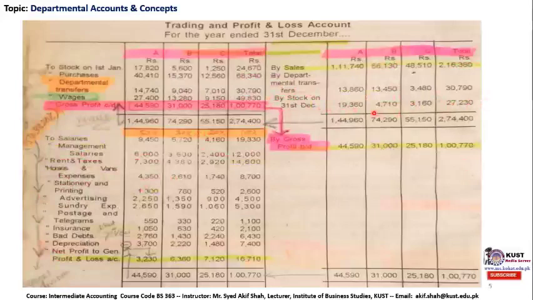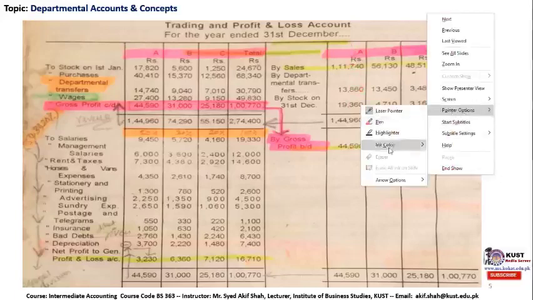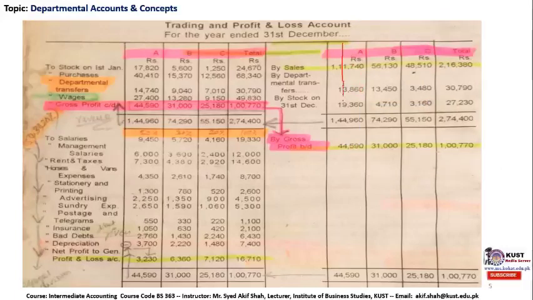In order to calculate the gross profit for each department, we have to sum up the values of department A, B and C. We sum up these values and it comes to 144,960 rupees.